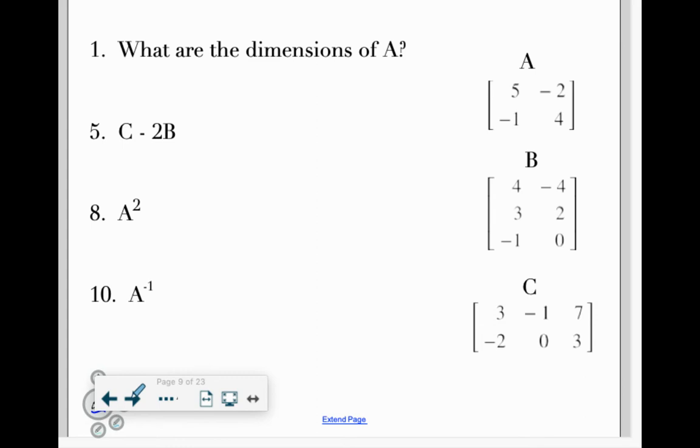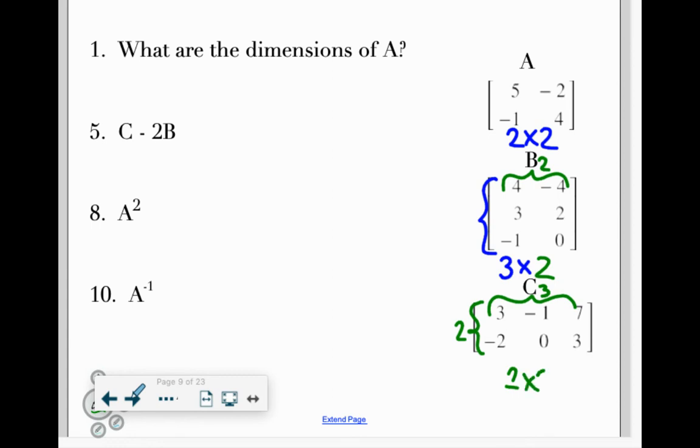A has 2 rows and 2 columns, so it is 2 by 2. B has 3 rows over here and only 2 columns, so it is a 3 by 2. C has 2 rows by 3 columns, so it is a 2 by 3.